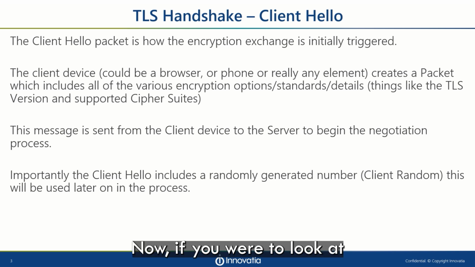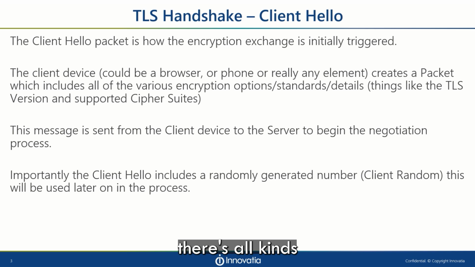Now, if you were to look at this client hello packet in some kind of tracing tool, there's all kinds of different details contained within it, but there are a couple of very important pieces of data included within the client hello. These are going to be things like the TLS version, the supported cipher suites for the actual encryption process, and it also is going to importantly include something called the client random.